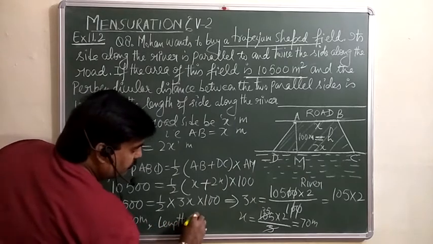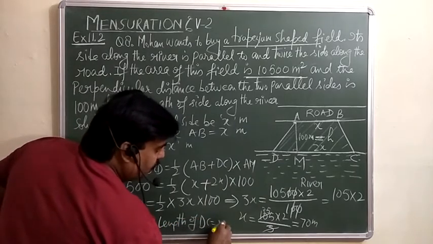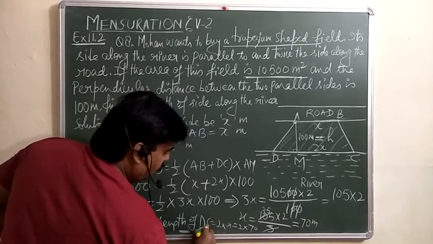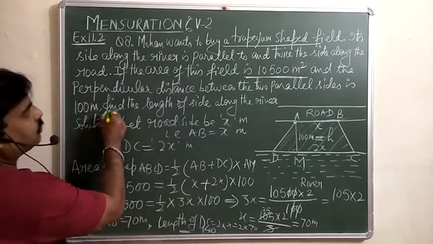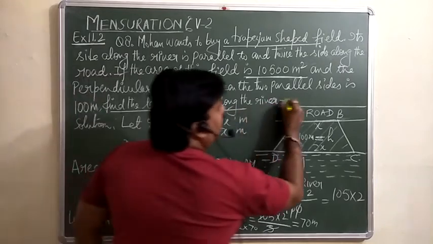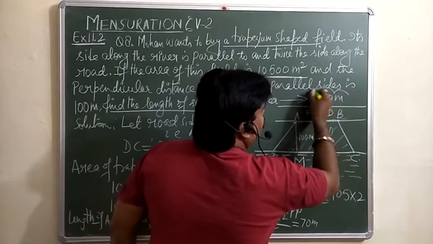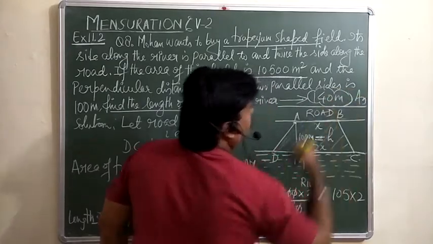Length of DC is equal to 2 into x, that is 2 into 70, which is 140. So the length of the side along the river is equal to 140 meter, and this is your answer.